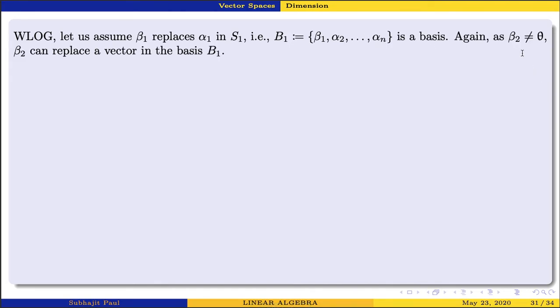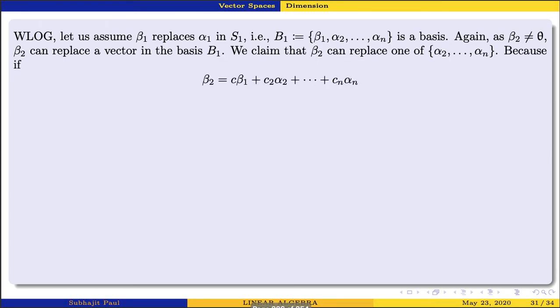Again, as beta 2 is not equal to 0, beta 2 can replace a vector in the basis B1. We claim that beta 2 can replace one of the alpha vectors. It need not necessarily replace beta 1. It can replace one of the alpha vectors.